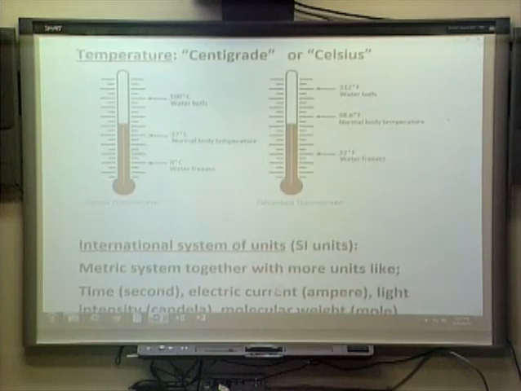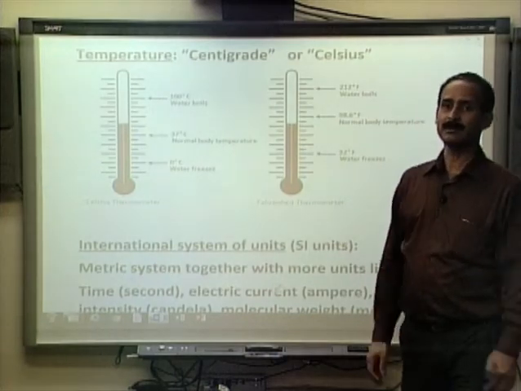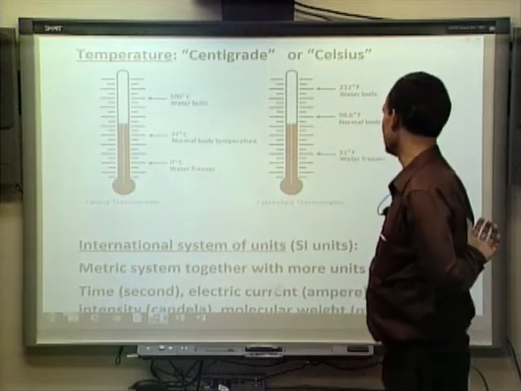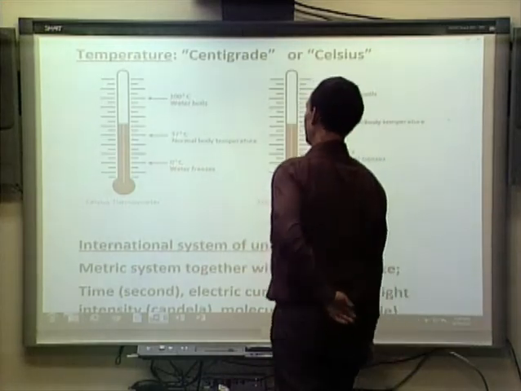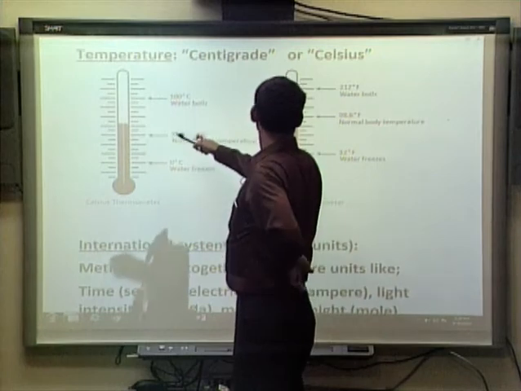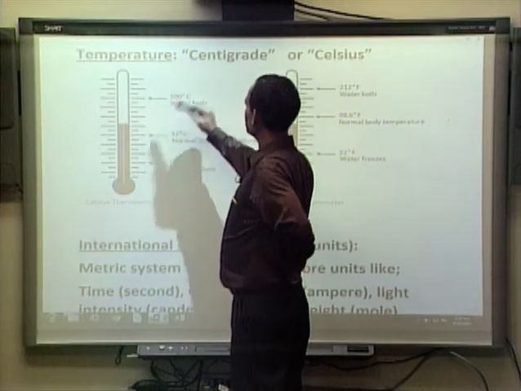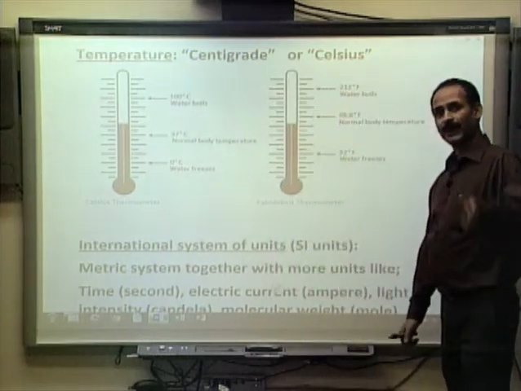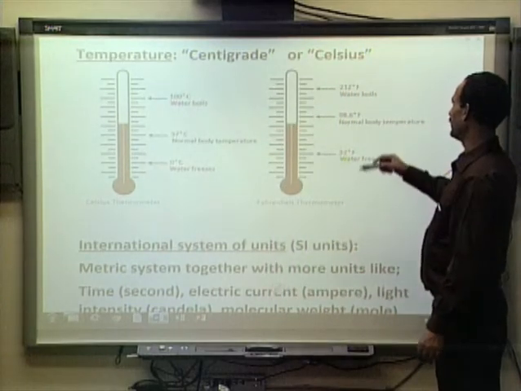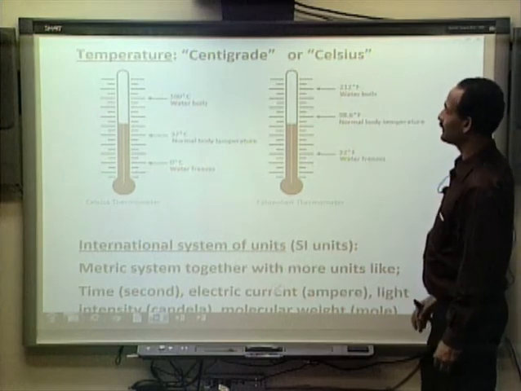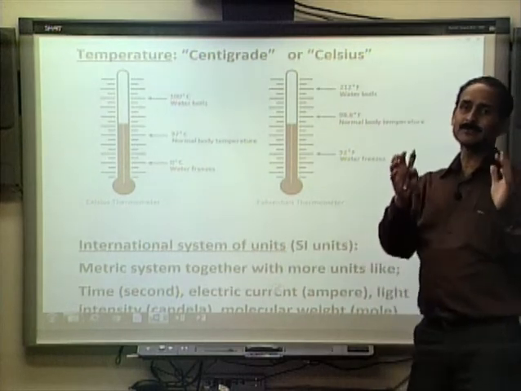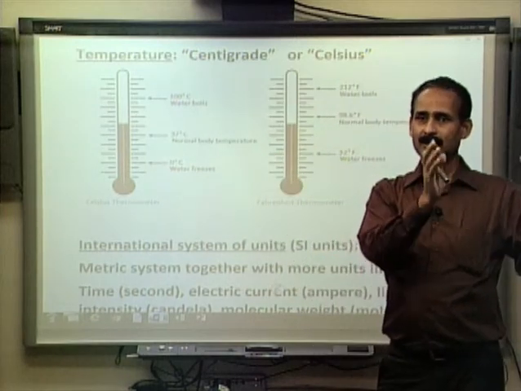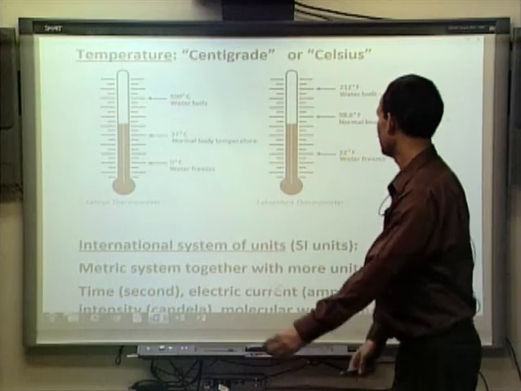Now, the temperature in the metric system is measured using centigrade or Celsius. So this is a different system. Water boils at 100 degree centigrade, and we already know in Fahrenheit water boils at 212 Fahrenheit. That means 212 Fahrenheit is the same thing as 100 degree Celsius.